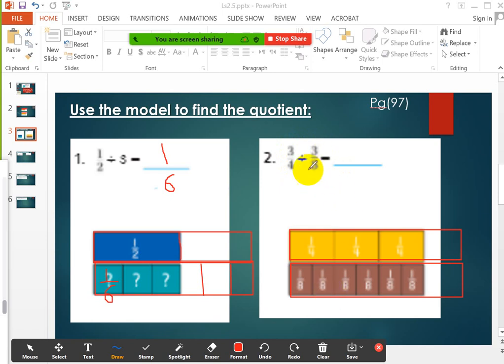Okay? 3 over 4 divided by 3 over 8. Yes, excellent, girls, excellent. So, I want you, Farah, to help me. Farah, give me the right answer. Where are you, Farah? Open your mic.